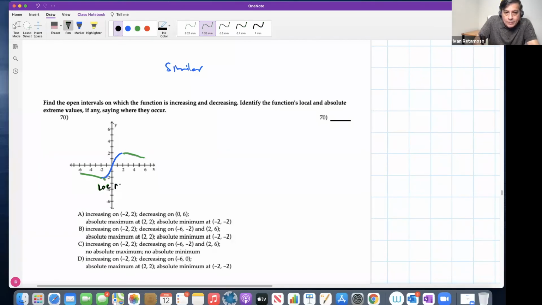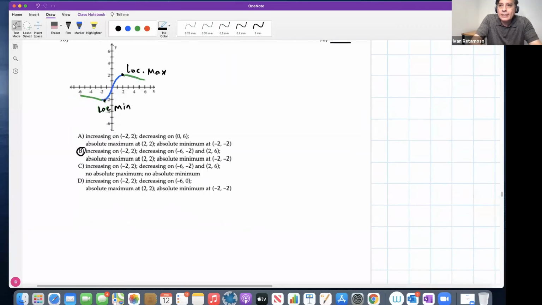Or it could be absolute min, depends. And this one, local max in general, or perhaps could be an absolute max, right? That's it. So when you look through, this is the answer.